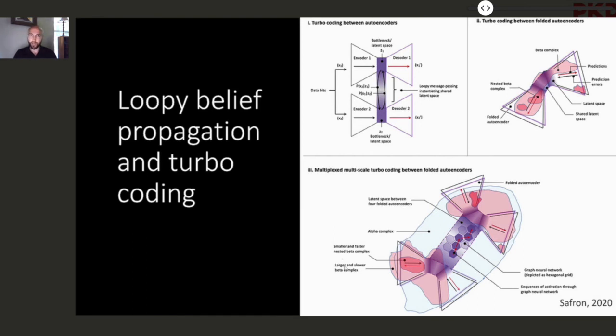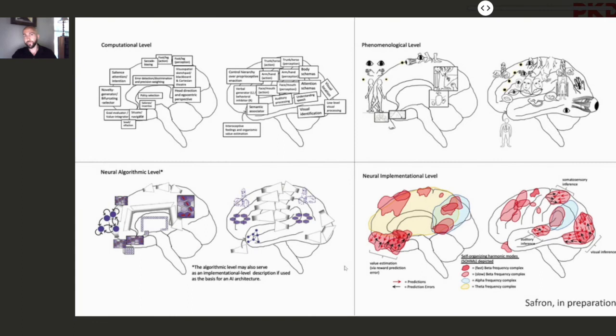But in this case, the shared latent space, which is instantiated by this synchronous activity, which I'm suggesting entails loopy message passing for approximate inference or turbo coding, creates, if it's over the right subnetworks, a unified field of experience where consciousness is the shared latent space, allowing for inferential and functional synergy, potentially an integrated world model.